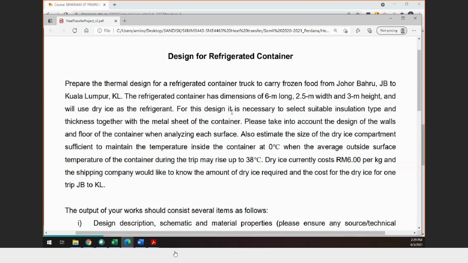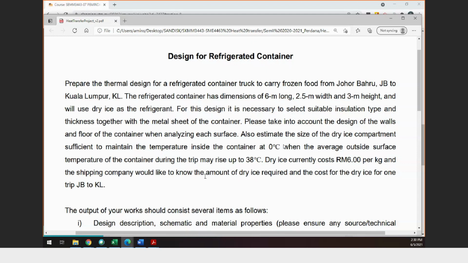But don't tell me you want to use a brick, or a very thin brick, as this will bring a disadvantage to the system. Same goes for the metal sheet. When you design an insulator, of course you need something that holds the insulator. You don't propose only the insulator itself.